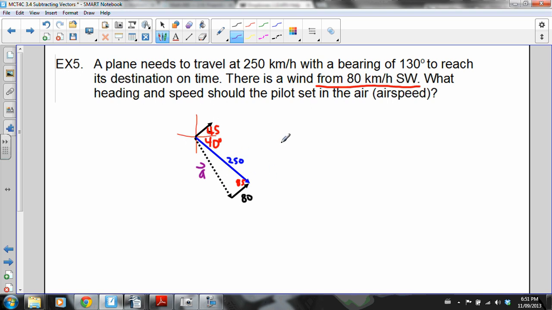Now this is the same as the one we did last class, which is a cosine law to find the magnitude. Old hat for us now, right?